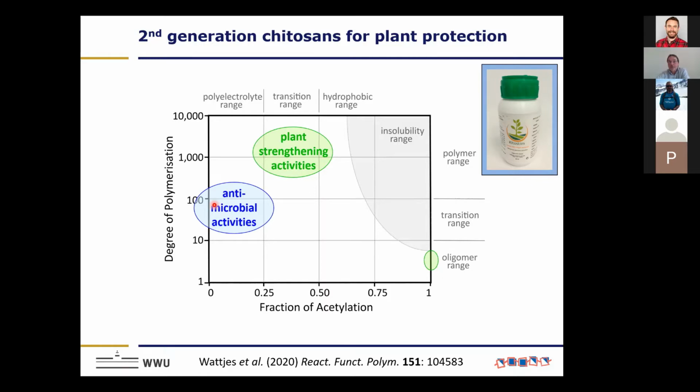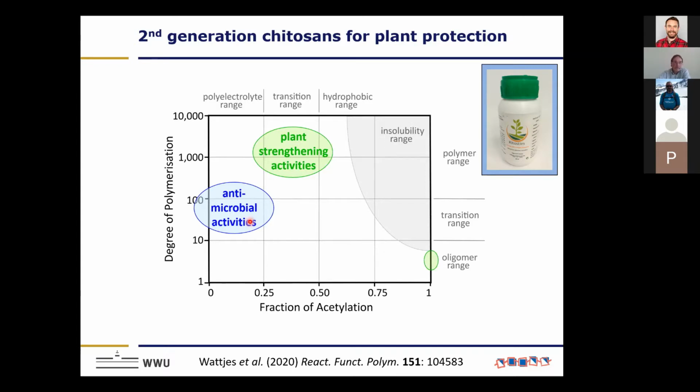And if there's no pathogen pressure, then the treatment of the plants with this chitosan leads to growth increase. So the yield is then definitely better than the non-treated plants. This is an important aspect because it makes farmers spend money on the product, even if they don't know yet whether in this season a pathogen is going to occur or not.